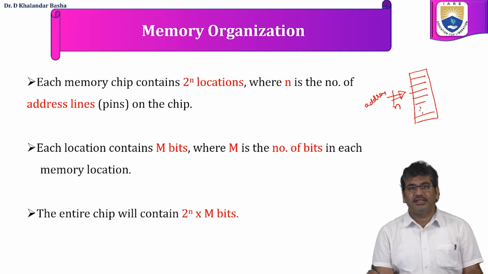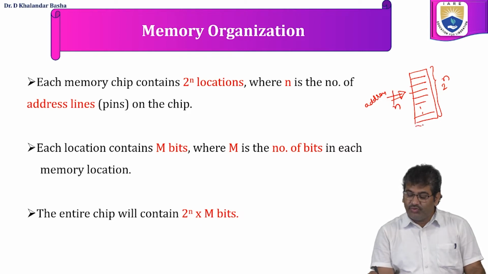If the address is n bits, the memory locations we are going to have are 2 power n memory locations, where n is the number of address lines to the chip. Based upon the address which you are passing, one memory location out of 2 to the power of n locations will be selected.